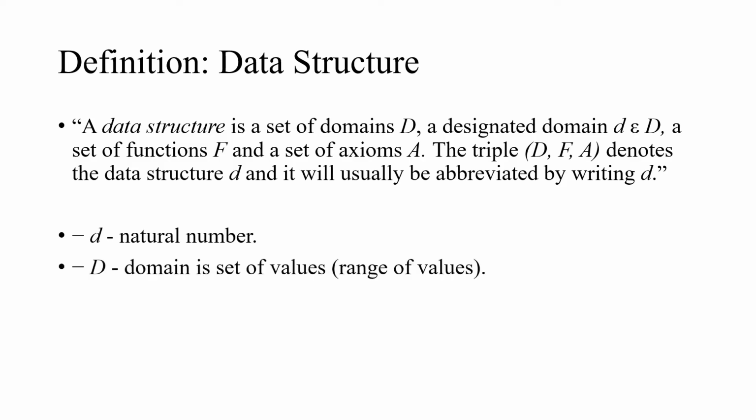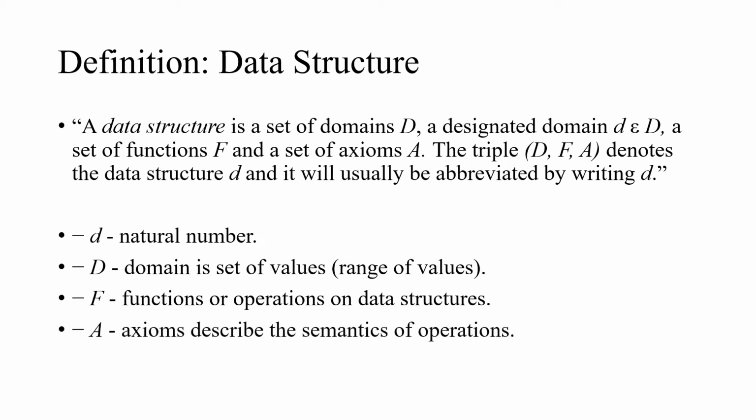Domain is a set of values, or you can say a range of values. F is the functions or operations on the data structure. A is the axioms, which describe the semantics of operations.